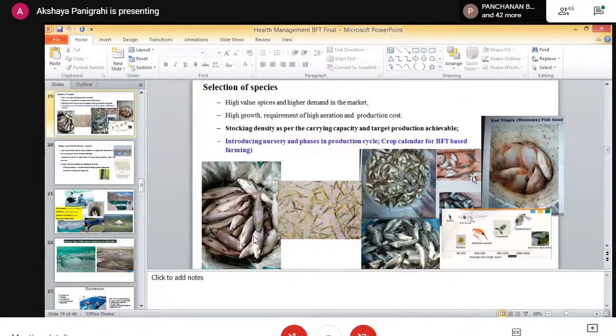You have to see your market. Like with anabas, we had a very good market, and now with biofloc developing everywhere, the market is lost. You have to see which species gives the best value for the money.